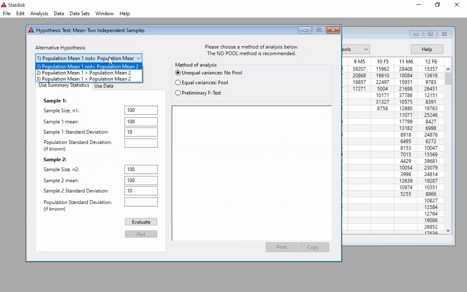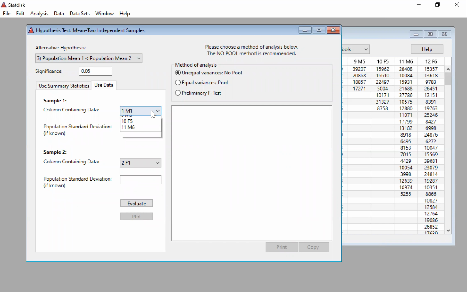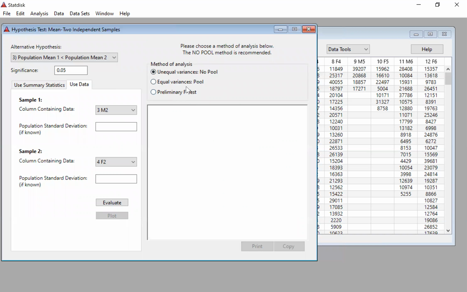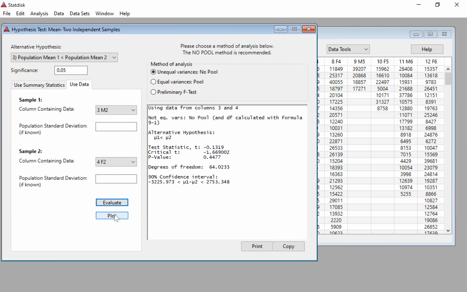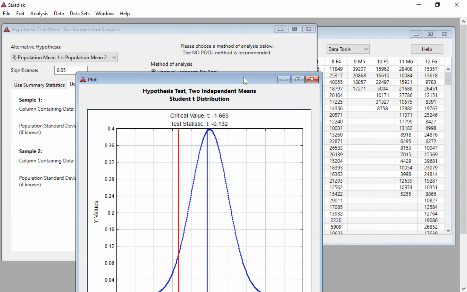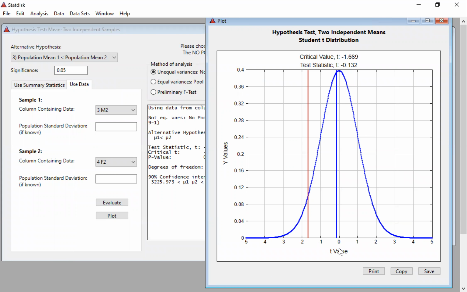Alpha's 0.05, this was a left tail, and we're using data. So column 3 for men, that's our sample 1. Column 4 for females, that's sample 2. Again, we weren't given anything at all to make us change the default for method of analysis. We can hit evaluate and plot. And what we see here in our graph is that our test statistic does not fall in that lower tail.